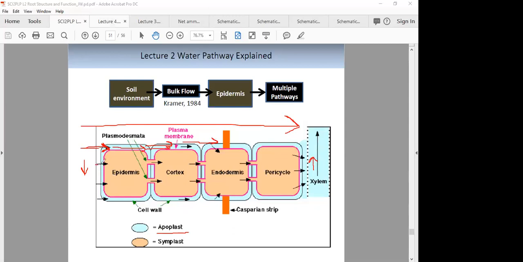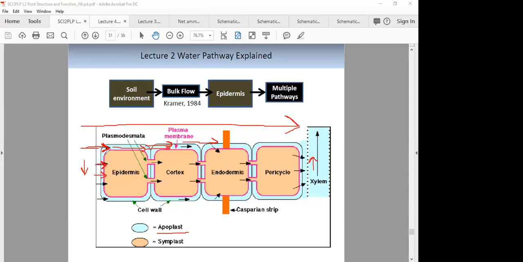All right, does water move directly through a plasma membrane into a cell? Yes, it does. Water can diffuse directly through a plasma membrane. As I said earlier, even though water is a polar molecule, it still diffuses directly through the lipid bilayer of a plasma membrane.